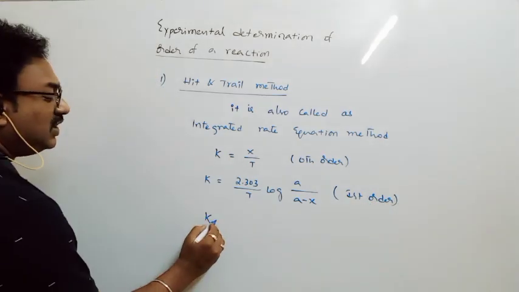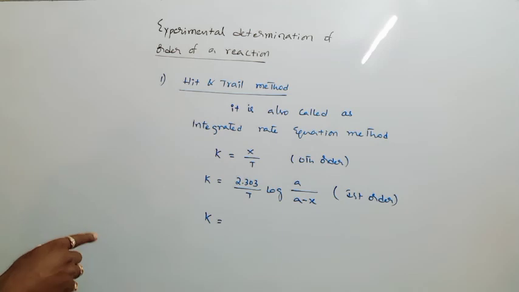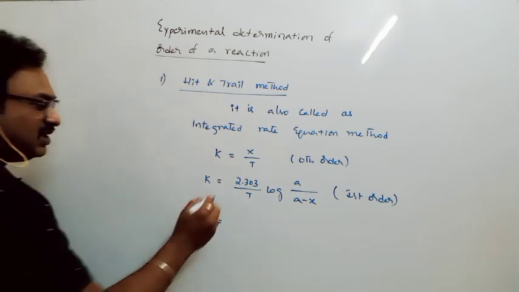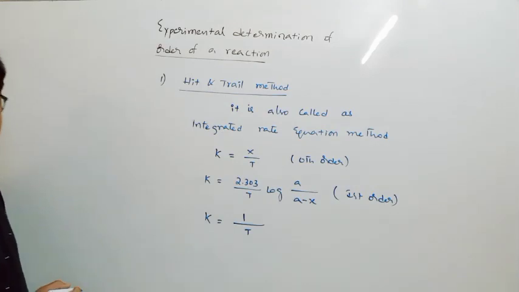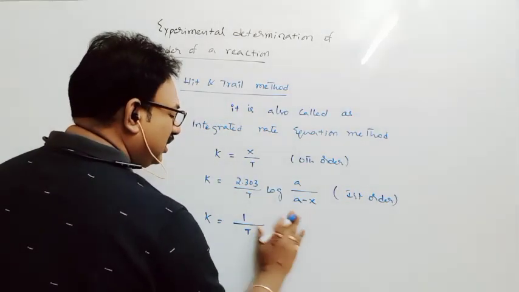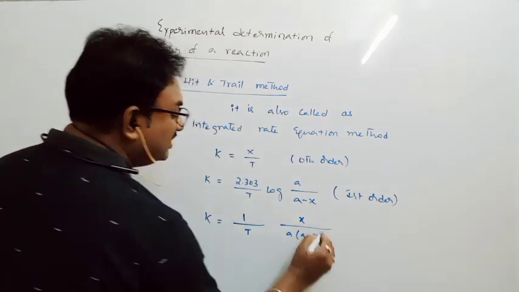Like that for second order. K equal to... in the nth order reaction you studied recently, just put 2 in the n place. Then you get n minus 1, meaning 1 by t into x by a into a minus x.